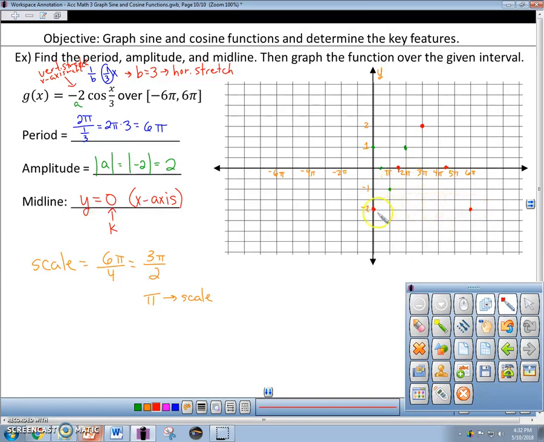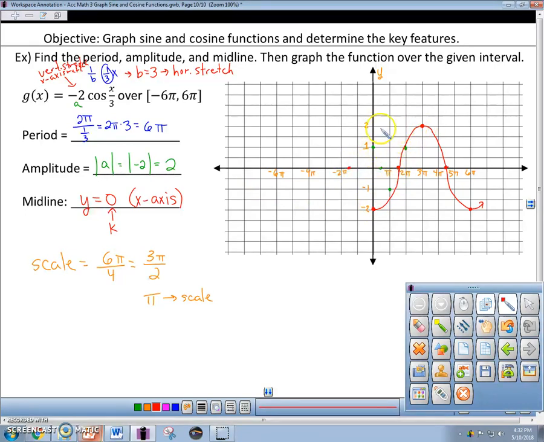You have to remember these are minimums. So what we're seeing here is the bottom of our valleys or troughs. And then it's coming up to its maximum, hitting that 0, heading down towards this minimum. So what's going to happen is the same thing on this other side. So 1.5 units reflected will be right there.